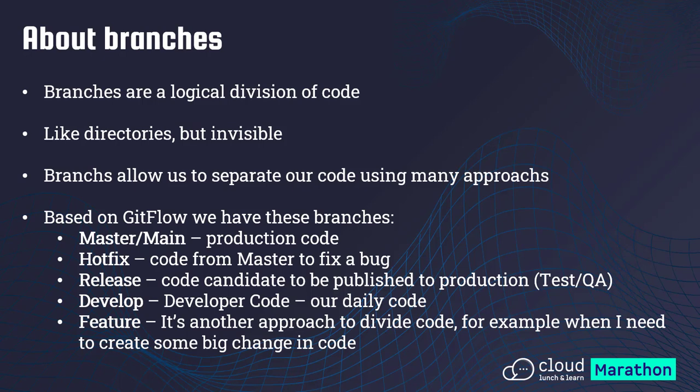It's a code candidate for production, and I freeze this code in the release, and I can make tests or quality assurance, and if this code is okay, I can publish it to master.